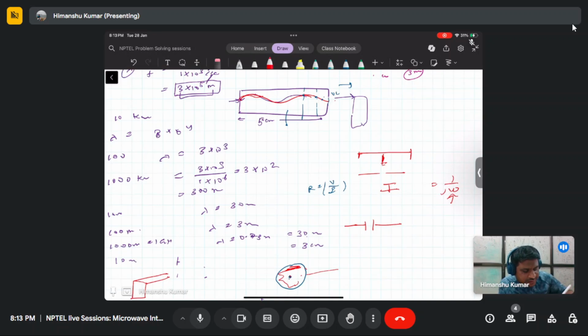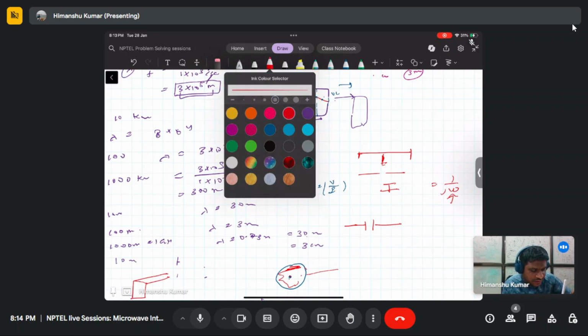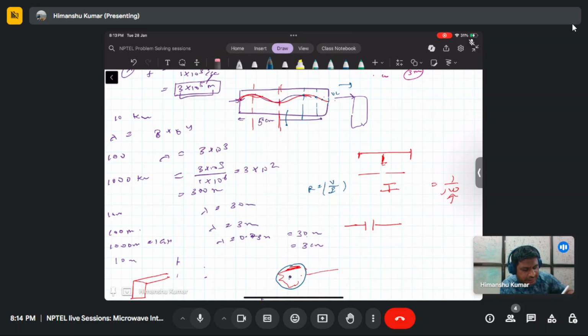So this is the case. For example, let's say you consider the case here, and let's say a particular capacitance and resistance is coming, then you start calculating the voltage and current ratio. It will be different here. So let's say this is the voltage wave and this is the current wave.